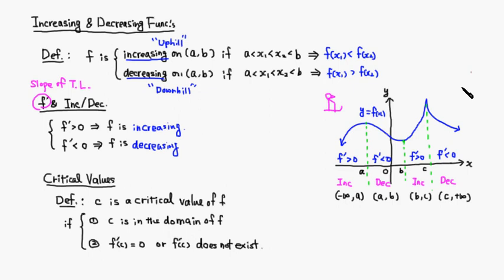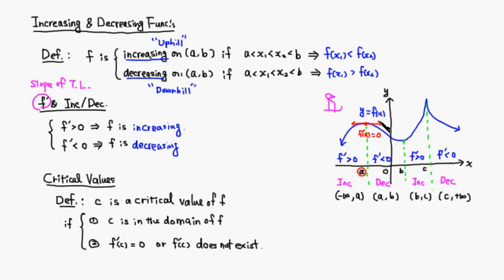Right? So let's look at the picture. So here, critical value is actually a. So a is called the critical value, since what happens to the tangent line here, right? So you have a horizontal tangent line, which means that at this point, the derivative at a is actually equal to 0, right?